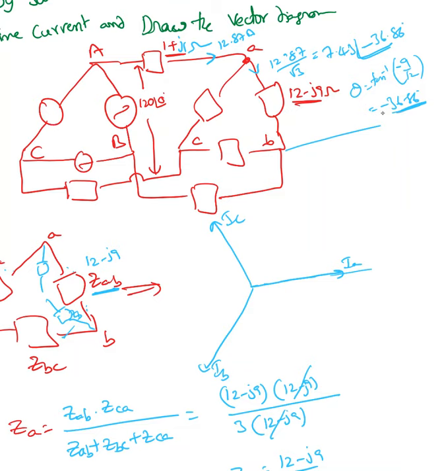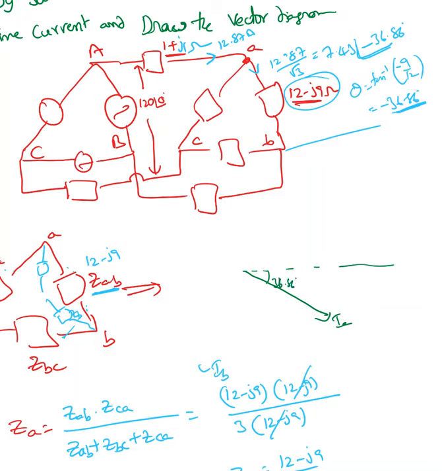This angle always comes from this impedance. So I can say 7.43 at minus 36.86. As long as I know that angle, I can draw the exact vector diagram. So here is my IA. This angle is 36.86 degrees.